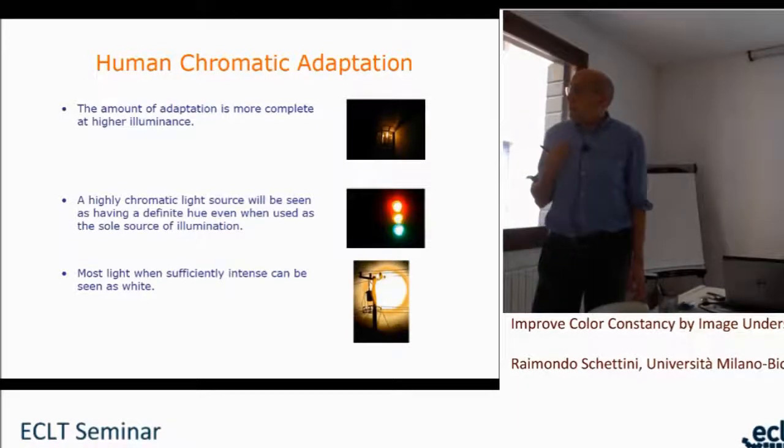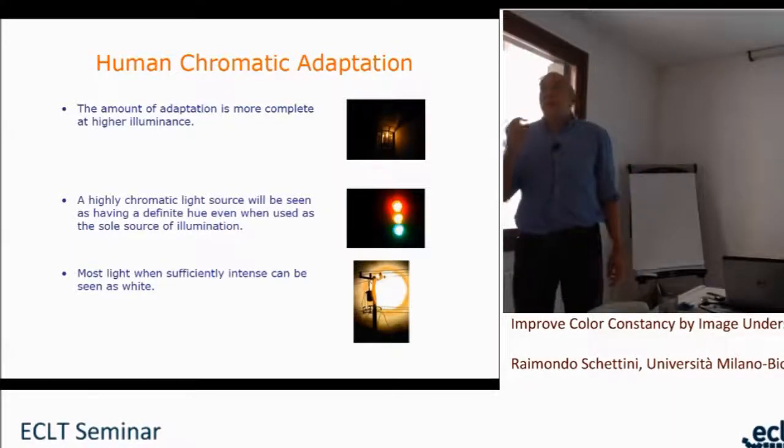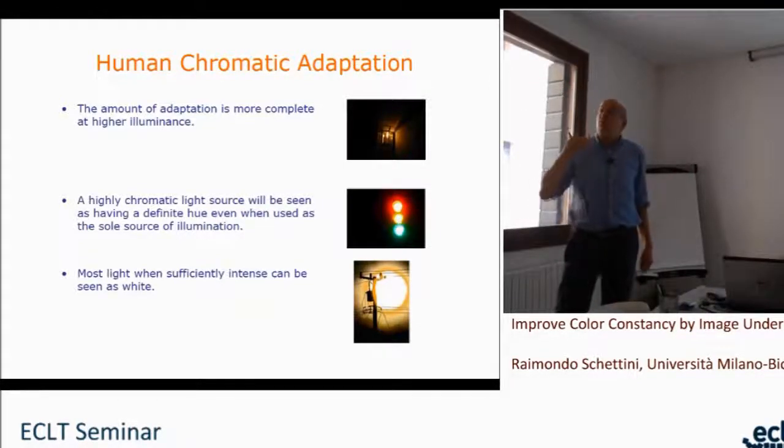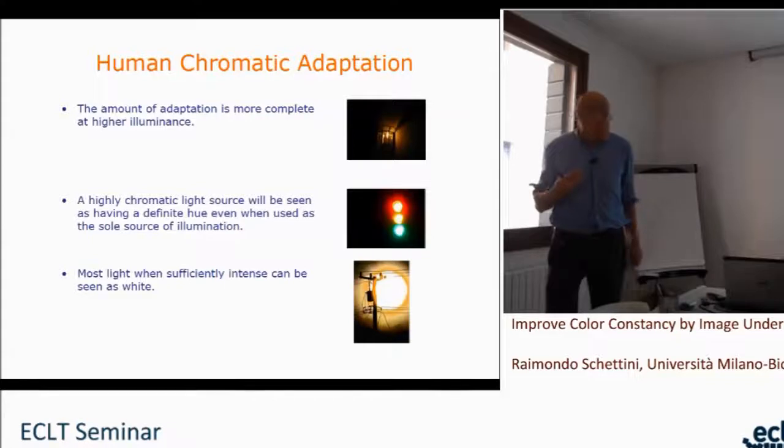When you have 30 candles of incandescent light, you will see the reddish cast. If you have 100 candles of incandescent light, you don't see the reddish cast. Why? Because the mechanism of discounting is also related to the quantity of light.